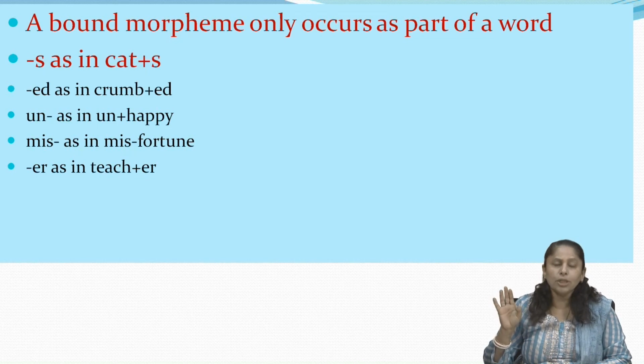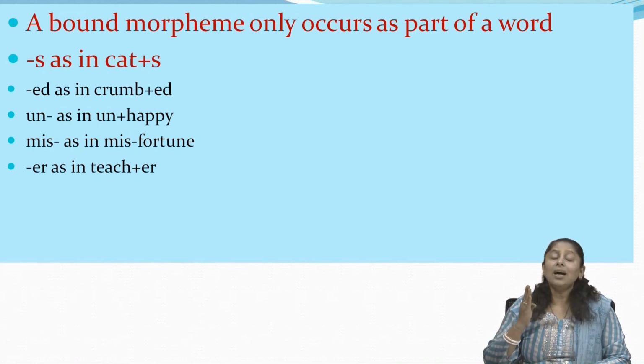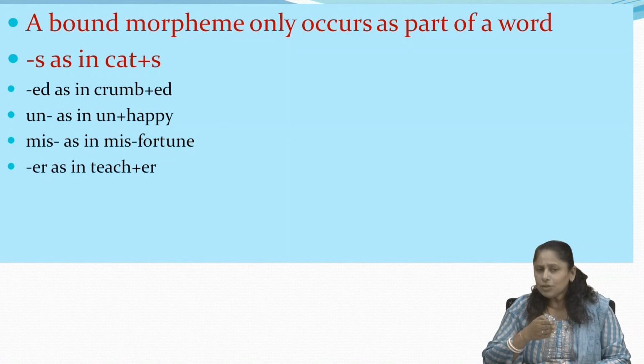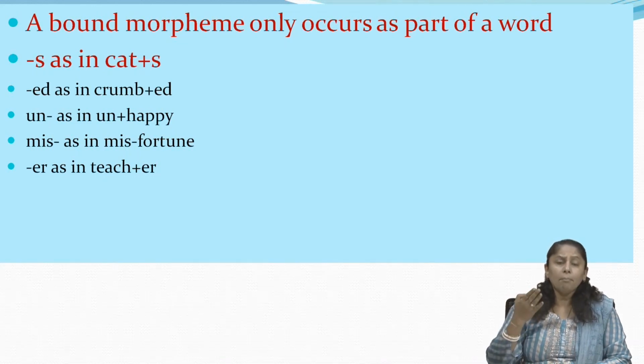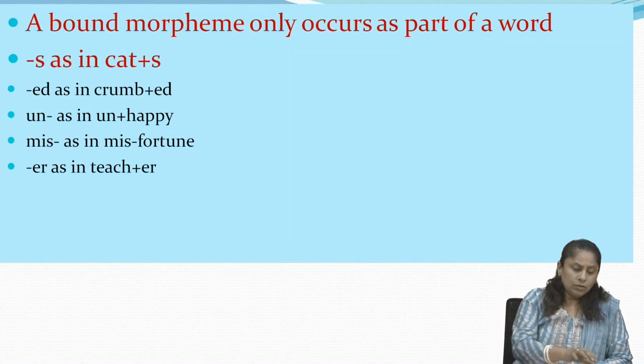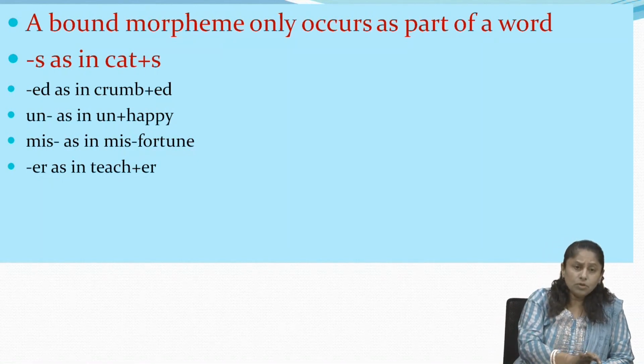And the suffixes and prefixes which are utilized to create the new words, cats, crumbed, unhappy, misfortune, teacher, show that they are bound morphemes. So regarding morphemes, you need to remember these things.